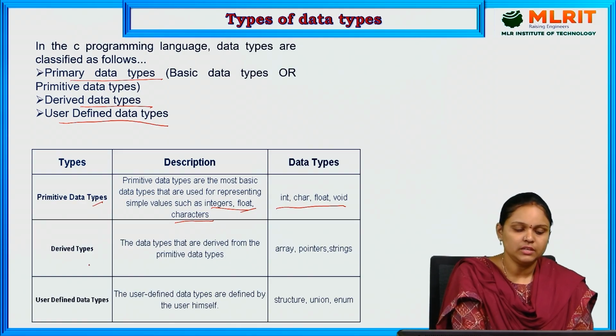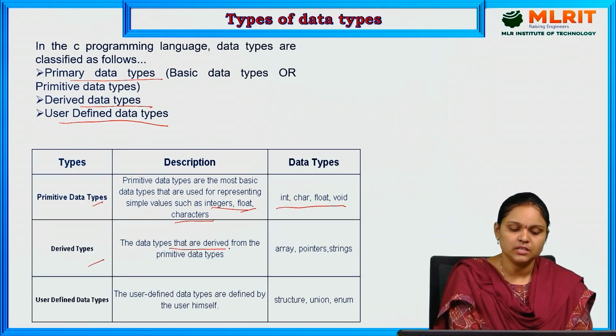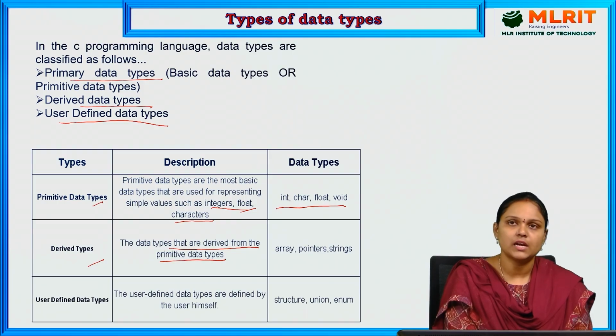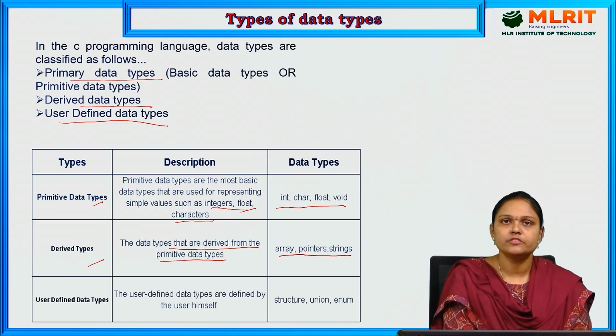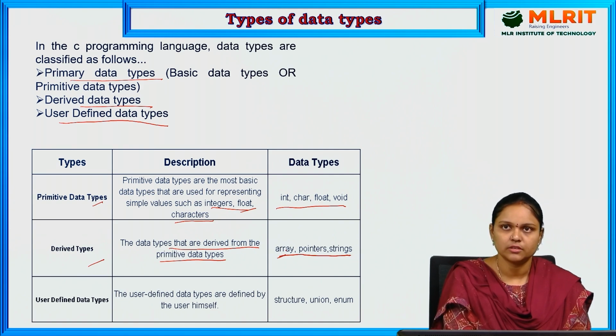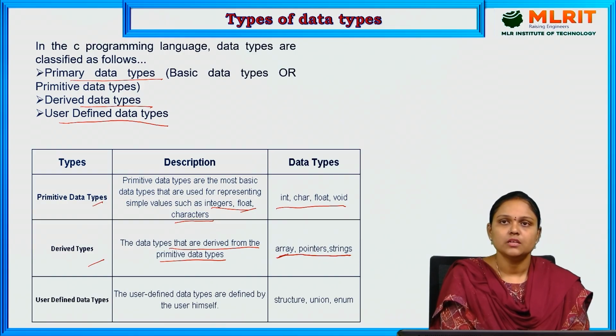And coming to the derived data types, these are the data types derived from the primitive data types. Examples are arrays, pointers, and strings. An array contains a set of elements of similar data type.